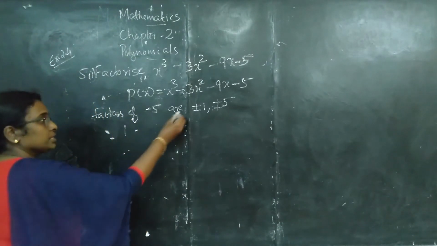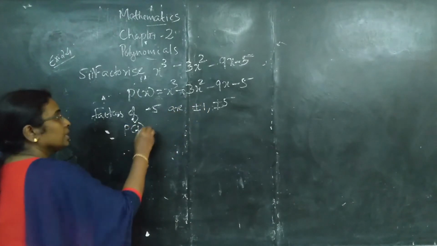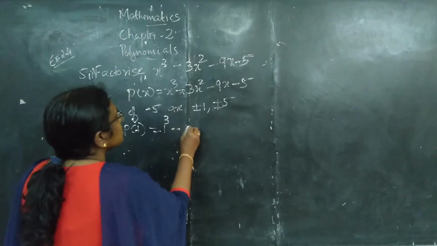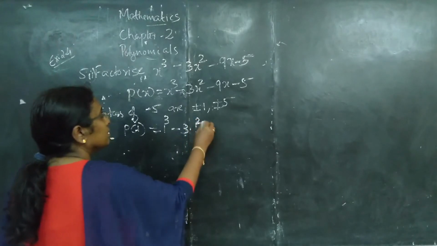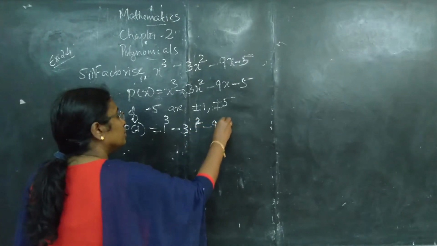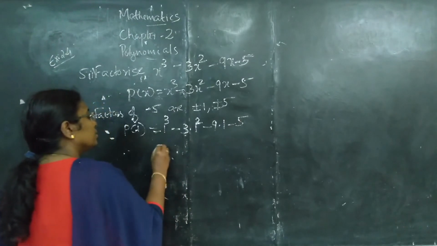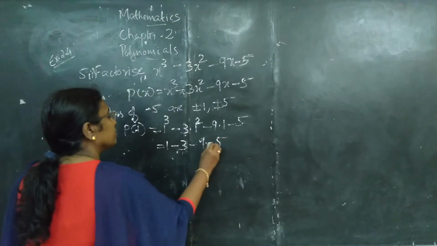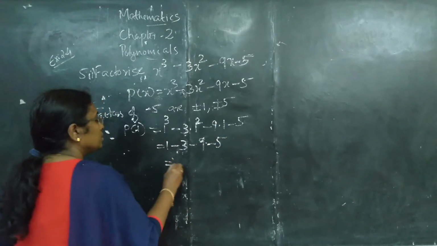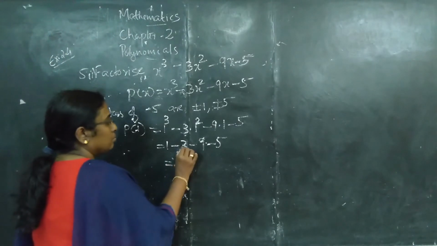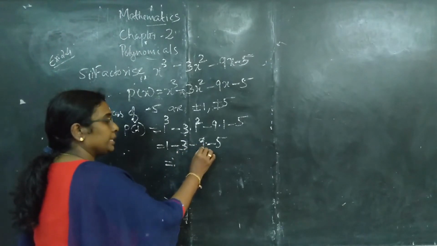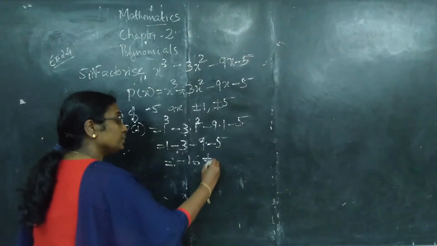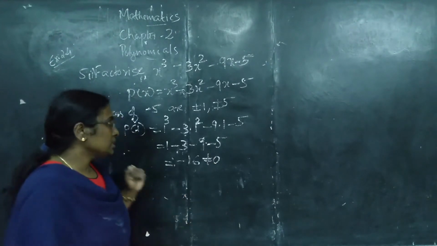First substitute 1, p of 1. P of 1 equal to 1 cube minus 3 into 1 square minus 9 into 1 minus 5 equal to 1 minus 3 minus 9 minus 5 equal to minus 16, which is not equal to 0.